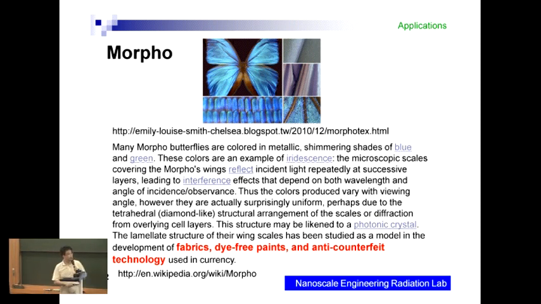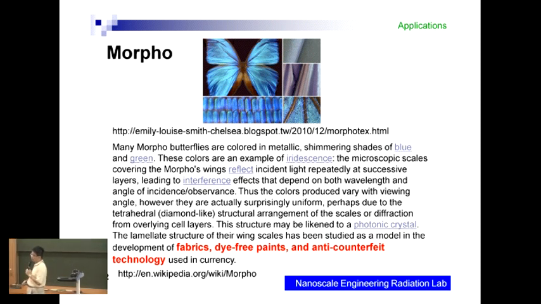Because its wings have colors, and those colors are not generated by the morpho itself. It diffracts the light shot on its wings. So, depending on the light and the angle, it will show different colors and look very attractive.